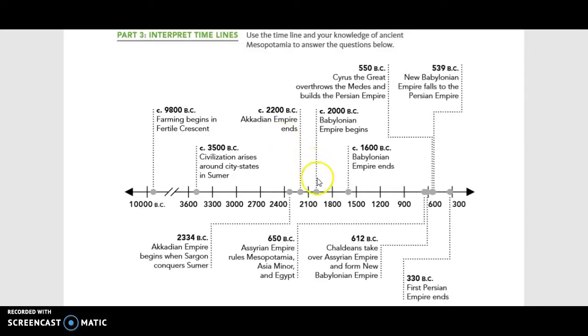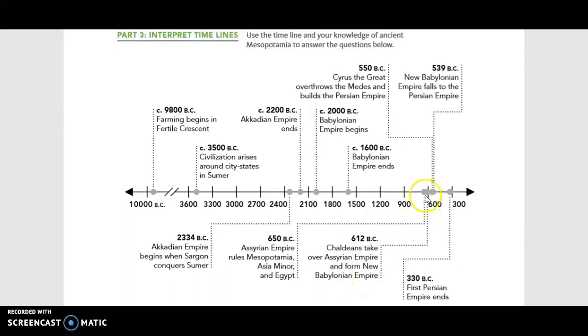Just after 2100 to 2000 BCE, the Babylonian Empire begins. 1600 BCE, the Babylonian Empire ends, some 400 years later. And right here you have 650 BCE, Assyrian Empire rules Mesopotamia, Asia Minor, and Egypt. 612 BCE, Chaldeans take over Assyrian Empire and form New Babylonian Empire.